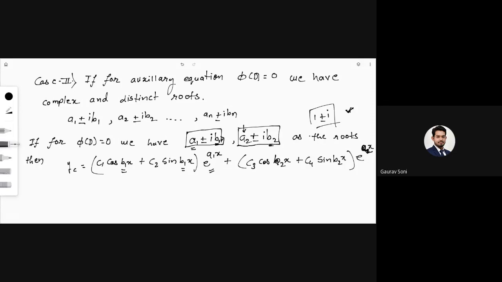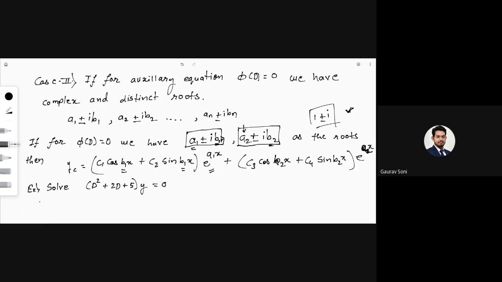Again, one small example based on this. Say, solve D squared plus 2D plus 5, y is equal to 0.